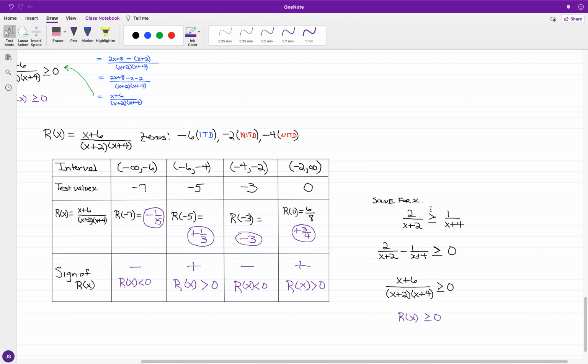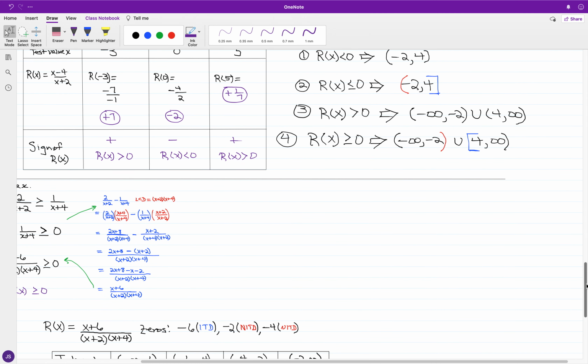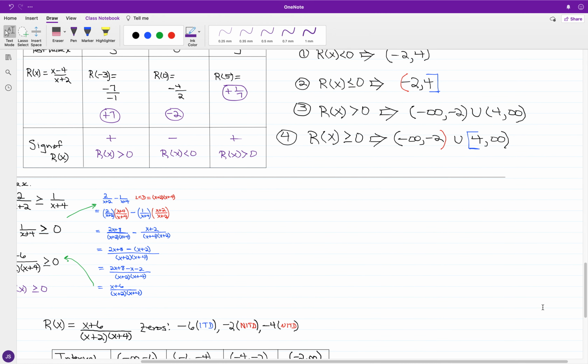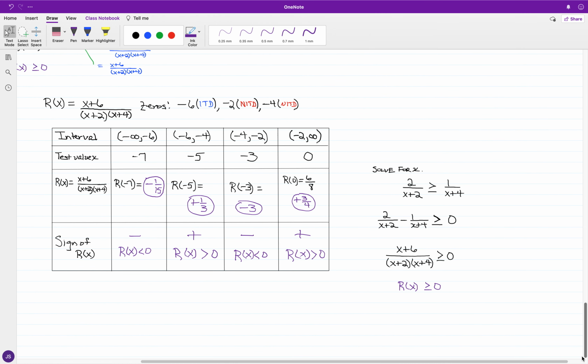Then I converted it to a comparison to 0 inequality, and I combined these expressions into 1. The consolidated ratio is x plus 6 all over the quantity of x plus 2 times that of x plus 4 is greater than or equal to 0.